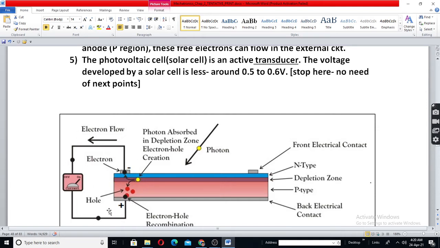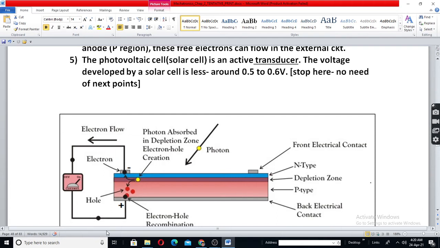Means current will flow like this, electron will flow like this. So this can create flow of electrons, means there will be voltage across the PN junction. Hence it is called as photovoltaic effect. This does not need excitation. Hence it is called as active transducer.